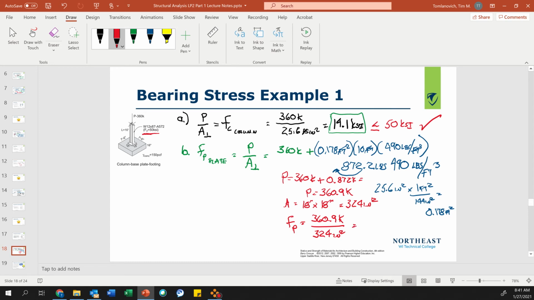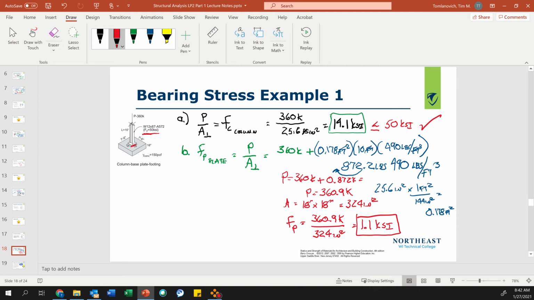Okay, 360.9 divided by 324, I get 1.11 kips per square inch. 1.1 KSI, kips per square inch. So that is the bearing stress at the bottom of that plate.